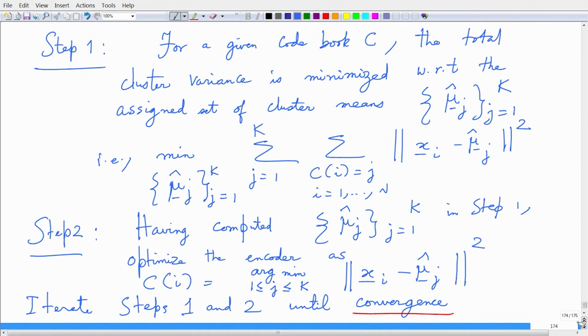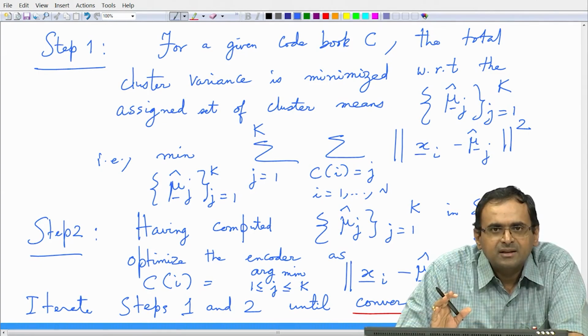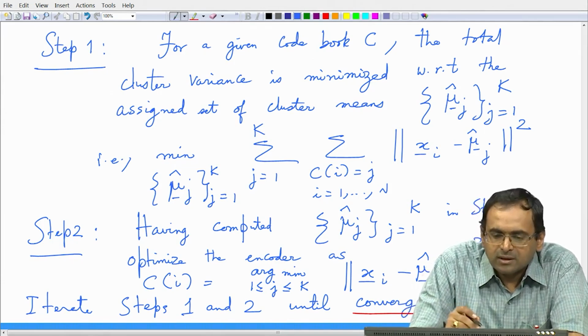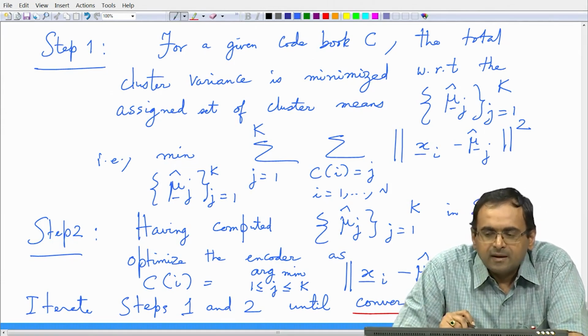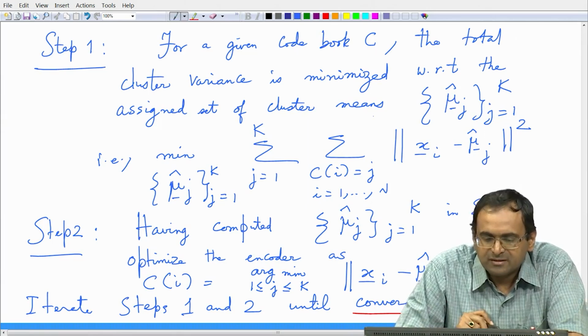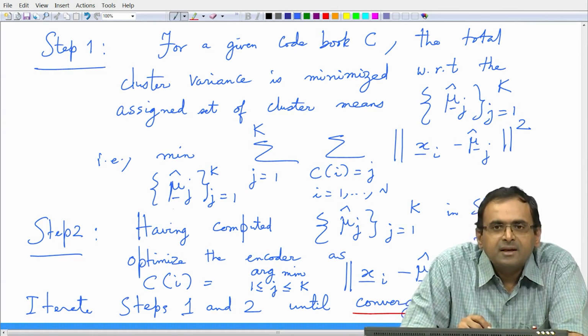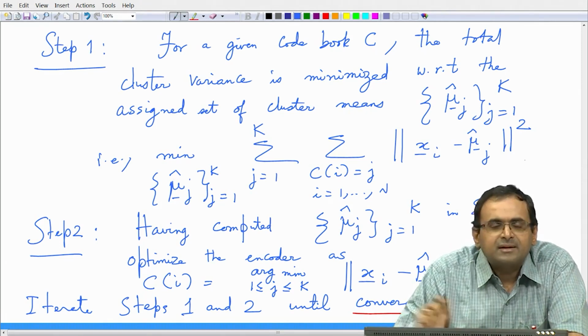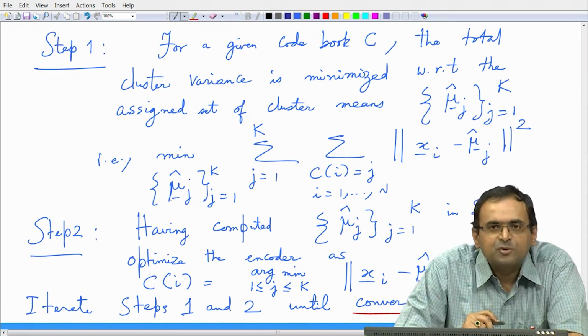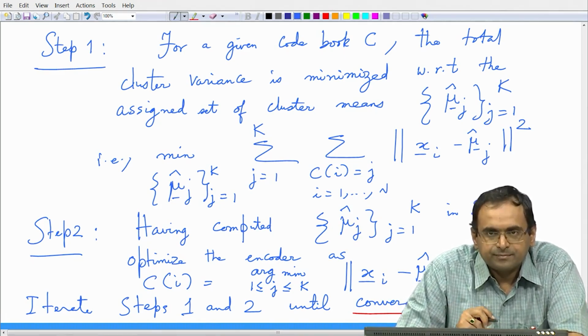So, the first step is as follows: for a given code book C, so you have to start with some initialization, right. You may choose some random centers and then proceed towards updating it. The total cluster variance is minimized with respect to the assigned set of cluster means, that is we have to choose these mu_j hats that minimize this cluster distortion. And how do we choose these mu_j hats? From our familiar gradient descent approach, right.